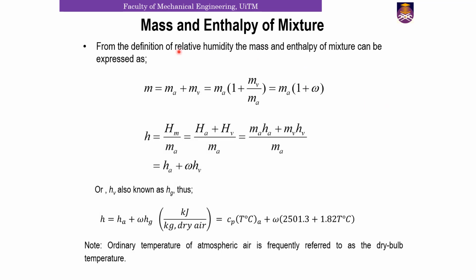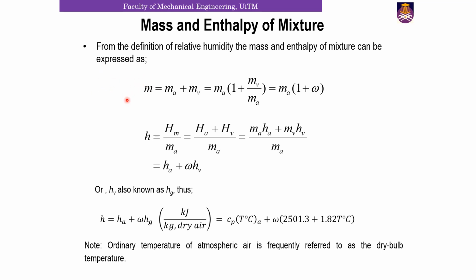You also have the mass and enthalpy of mixtures, right? From the definition of relative humidity, the mass and enthalpy of mixtures, you can express them as follows. The total mass of atmospheric air can be given as the mass of the dry air plus the mass of water vapor.